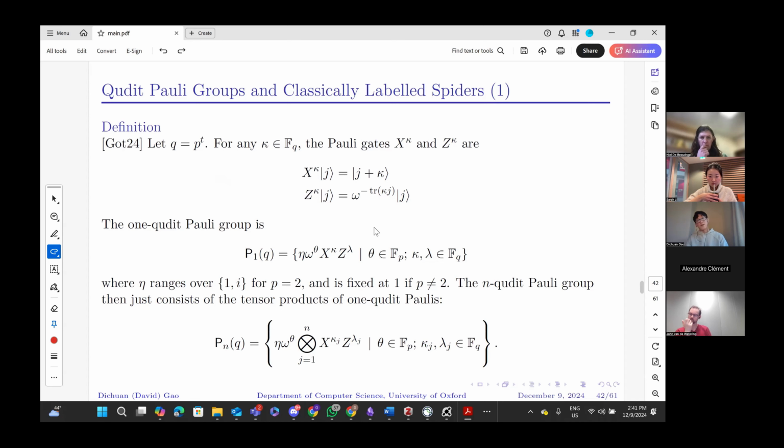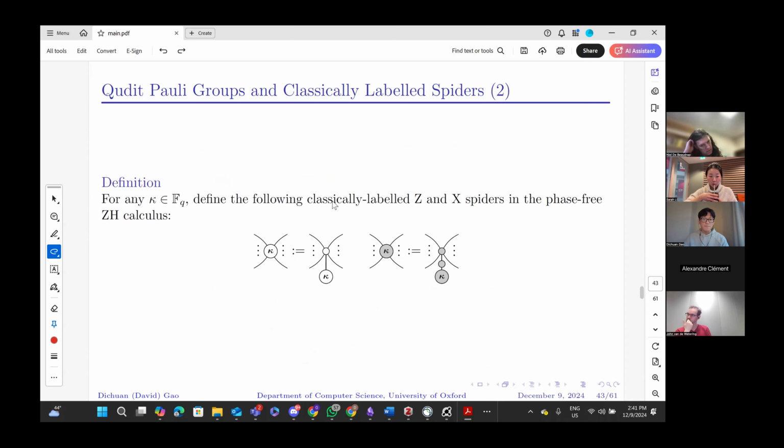So obviously the question is, how do we construct these X to the kappa and Z to the kappa gates in the ZH calculus? We can do this fairly nicely like so.